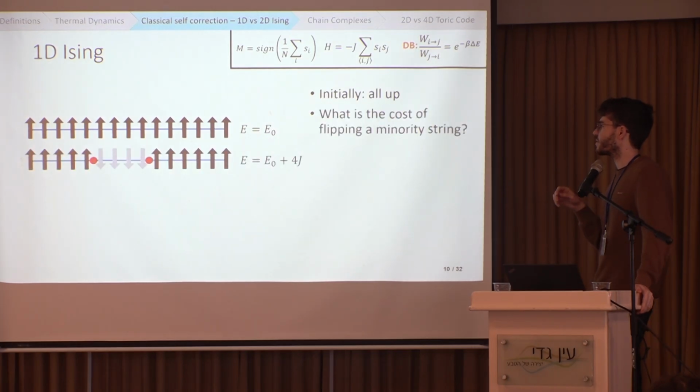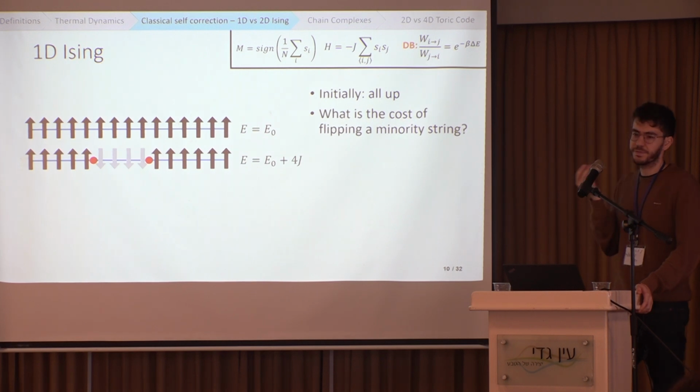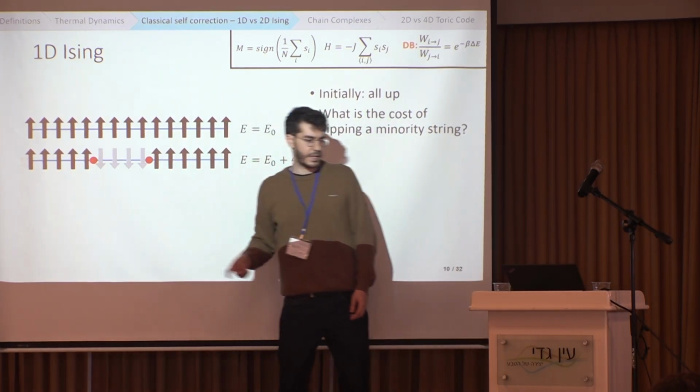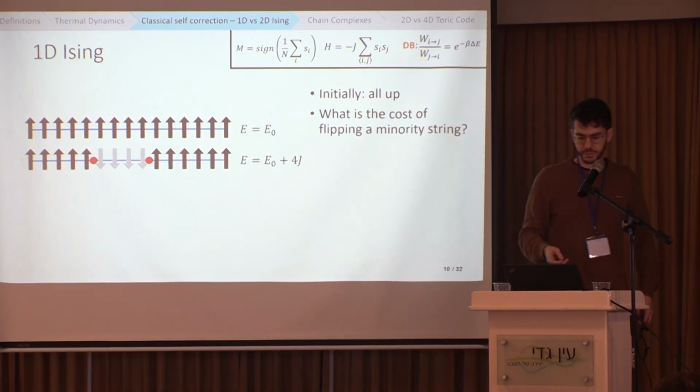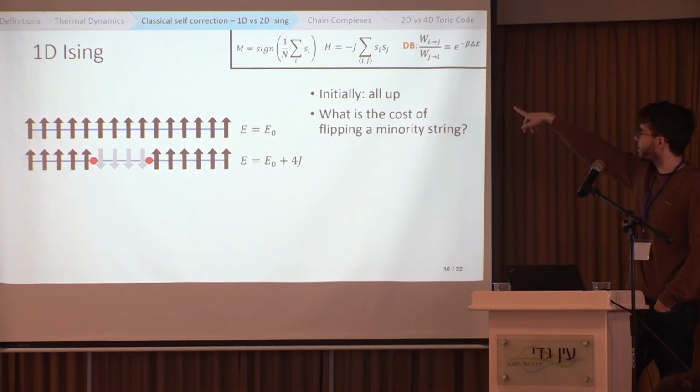And we ask now what's the cost of flipping some minority. We take some spins and flip them down. What's the cost of having this kind of error? We see that we have only two violations, these two red dots. And the cost is 4J, according to the Hamiltonian.